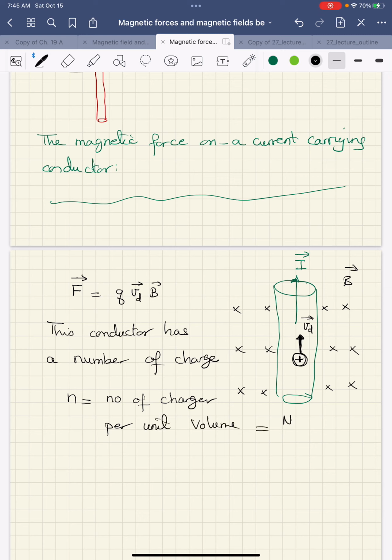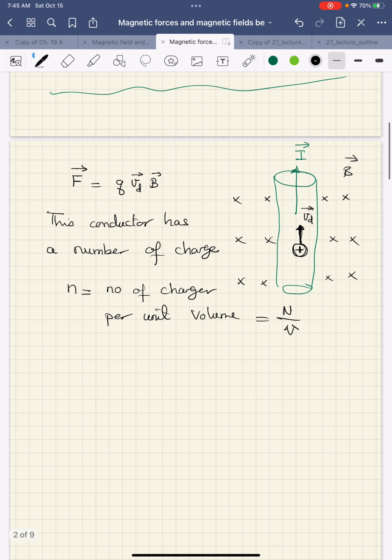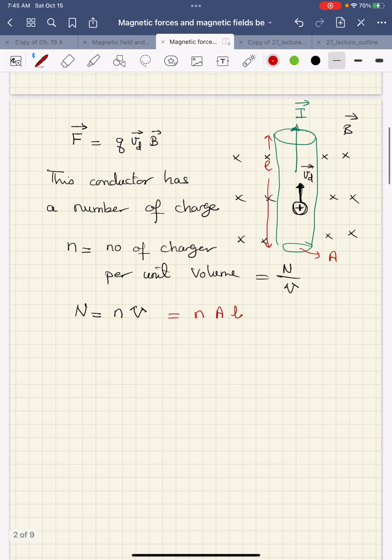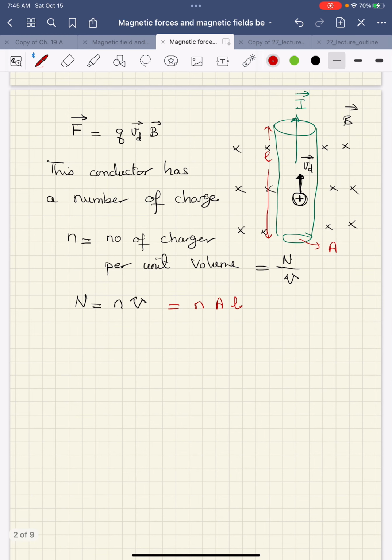Then it is N divided by V. And if I want to represent N, the total number of charges is going to be n times V. For this type of conductor, it might be a good idea to say that this is its length L and it has a cross-sectional area A, then it is nAL. This is what is called the total number of charges.